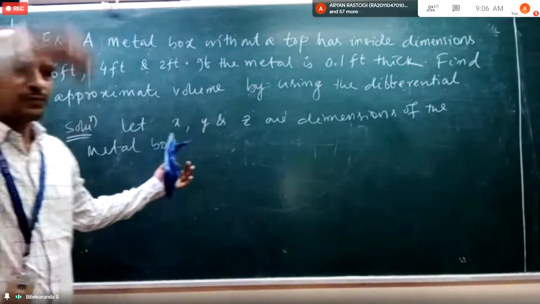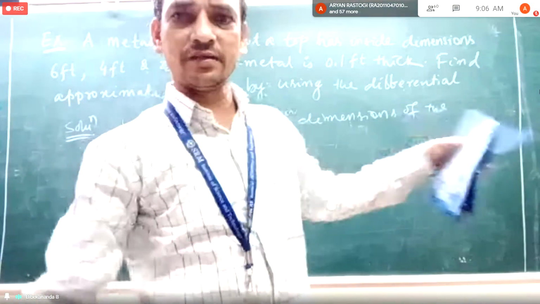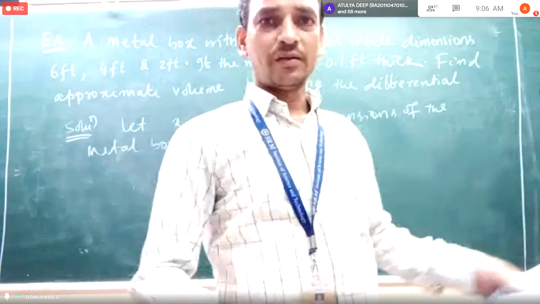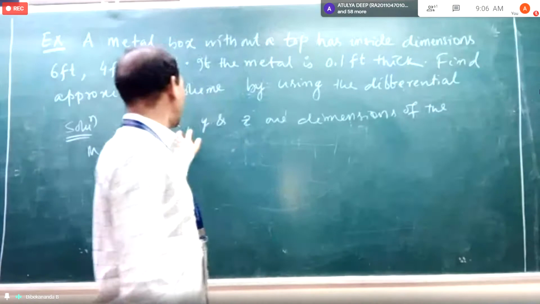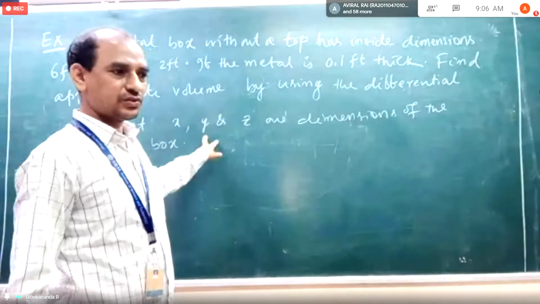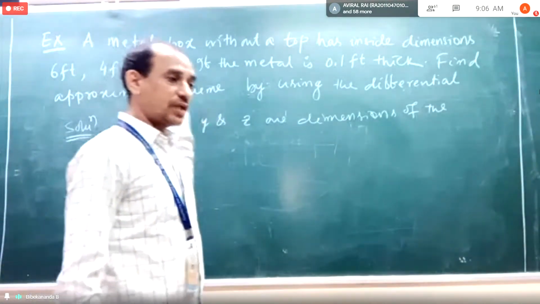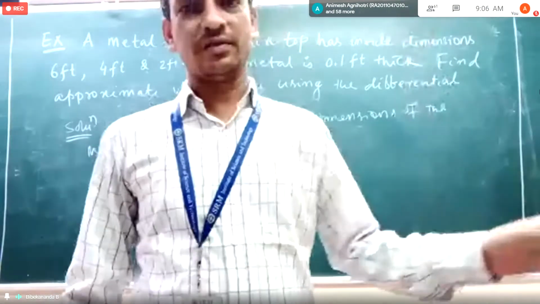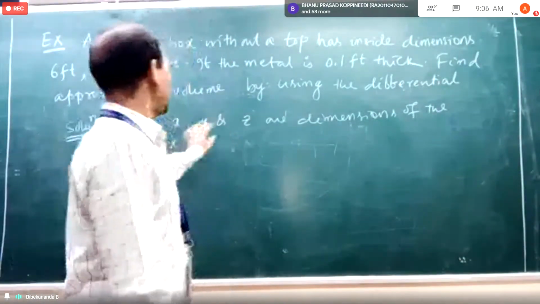Maybe x is length and y is breadth and z is height, or you can take any one. We are considering in general, suppose they are the dimensions. Dimension means it may be length, it may be breadth, it may be height.